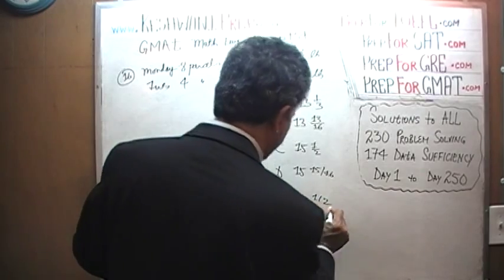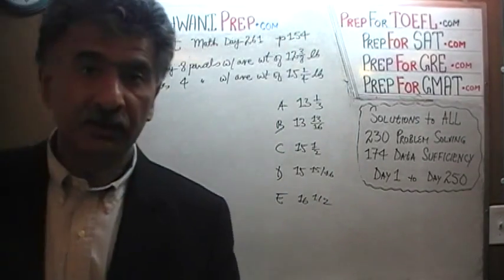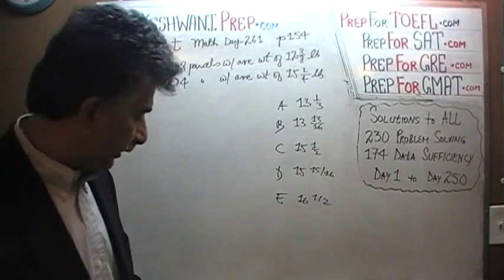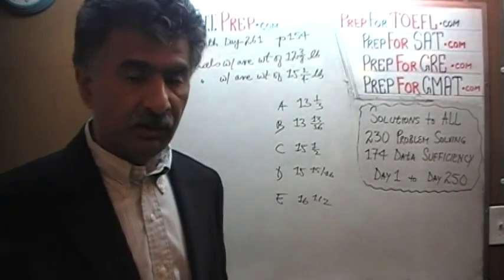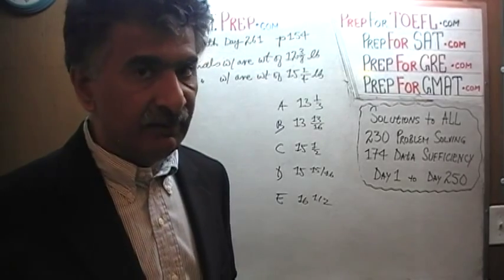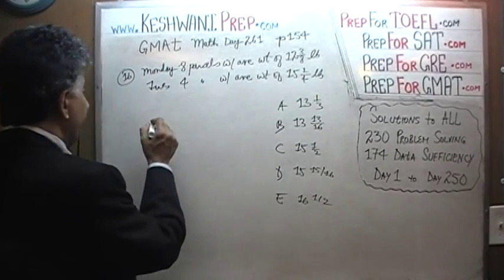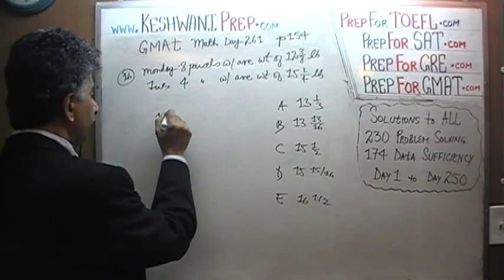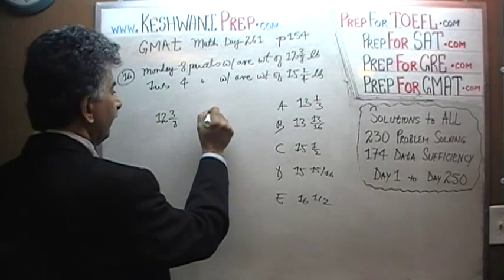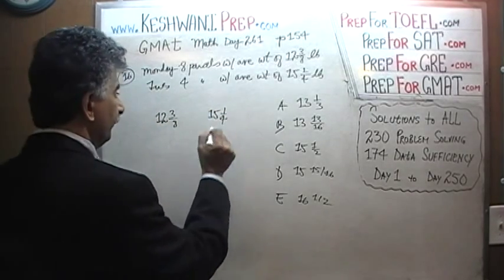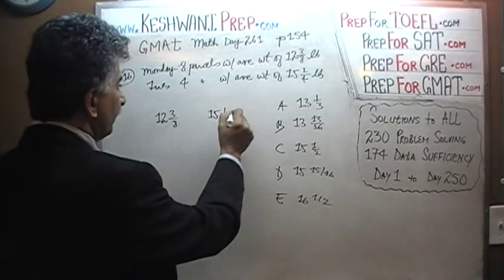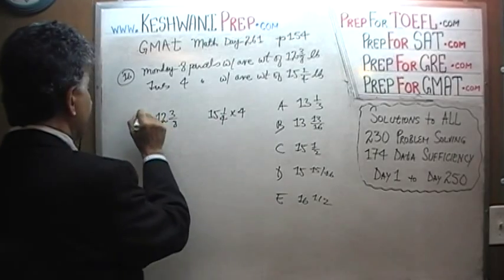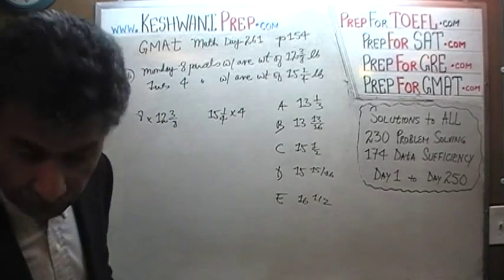Typically I do not take the time to write down all the answer choices, but here we need to write down all the answer choices because the whole point is to recognize an insane answer when we see one. We're looking for the weighted average of 12 and 3/8 and 15 and 1/4. Forget about the weighted average, forget about the fact that these are 4 of them and these are 8 of them. Let's just keep it very simple and listen to what I have to say.